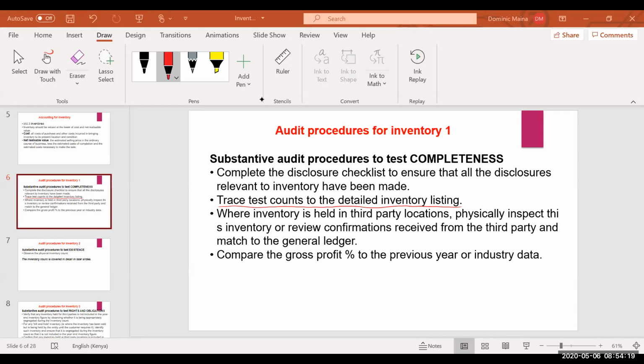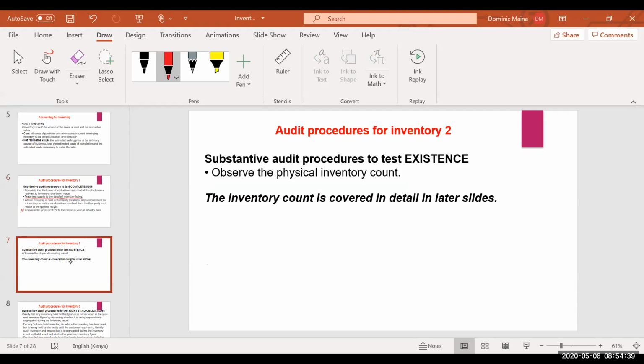As I mentioned, this is the use of substantive analytical procedures. That's on completeness. These are just examples of procedures that you can carry out. Now towards existence.